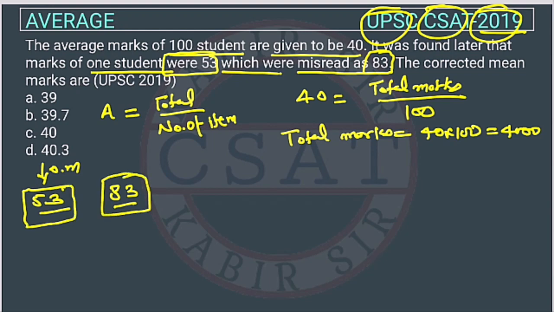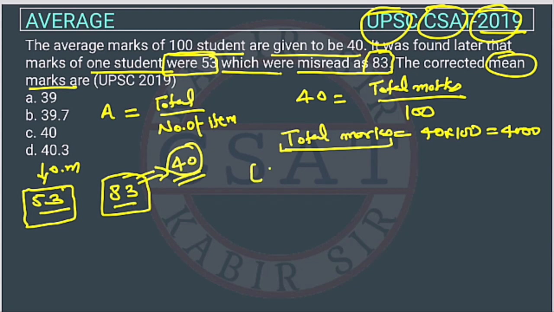But now they want to know the corrected mean marks. Now they wanted to know the corrected average marks, right? So they calculated using 83. So the average marks 40 came by using 83, right? So in this total marks there is one student whose marks is 83, right? So we can write like there are 99 students, marks of 99 students here, right?